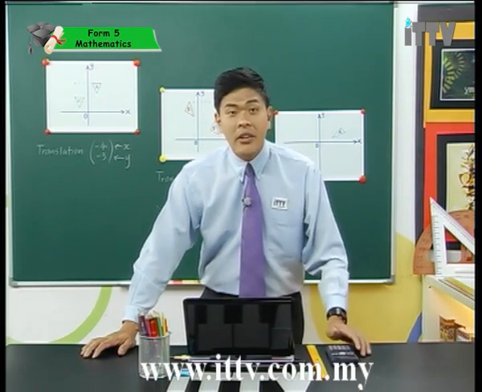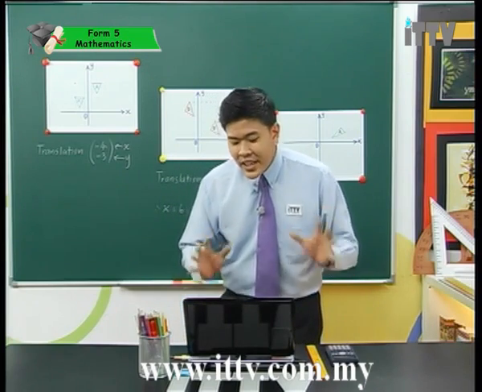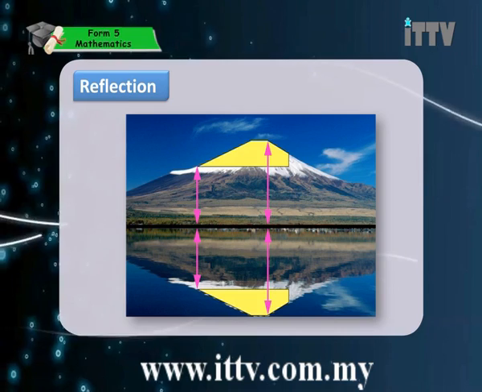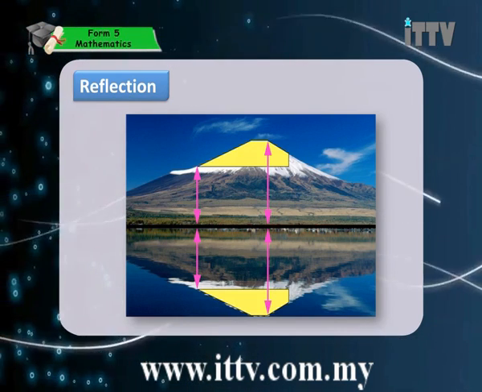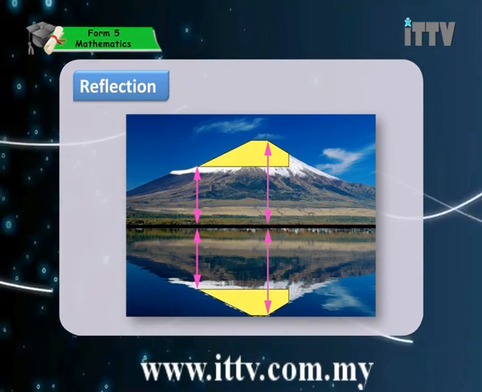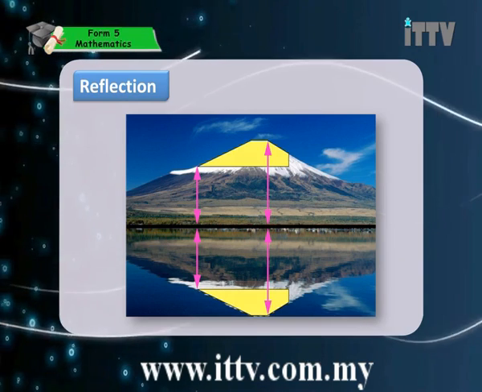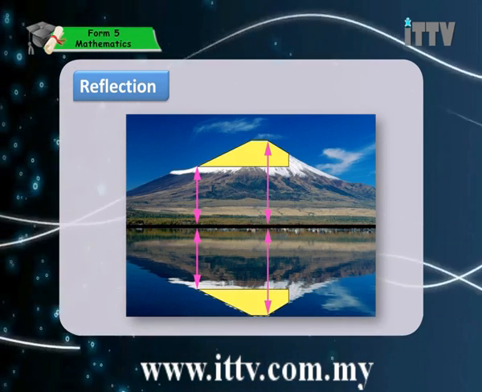You can take a look at a mirror, for example, right? Or even in a pond and so on. Now, this is something very important. If we were to just focus on this diagram again, take a look right now. Notice that when we reflect the mountain, its distance between the top of the mountain and the top of the image in the reflection is exactly the same from the middle line or the horizontal line, right?